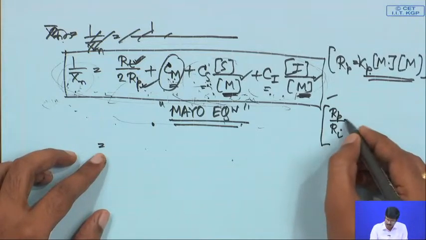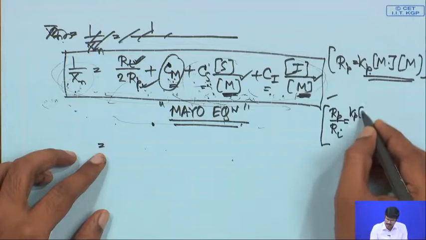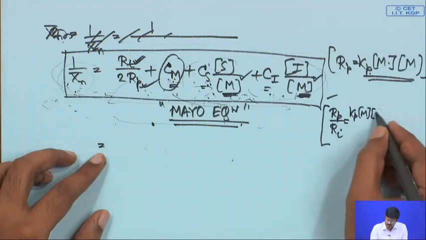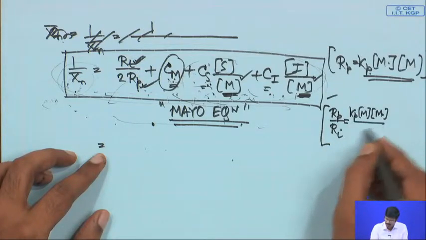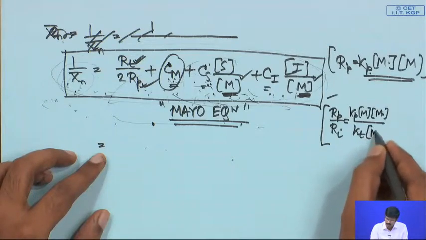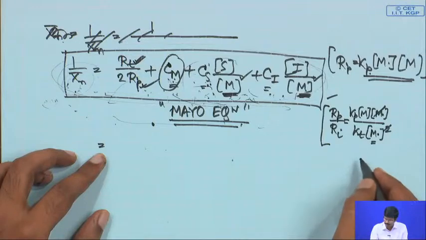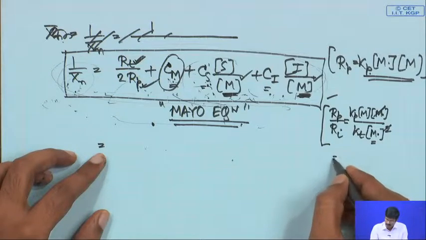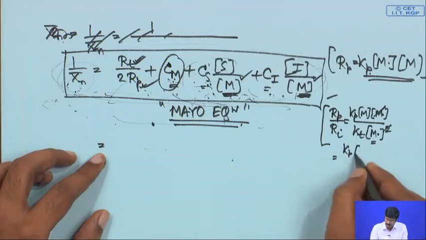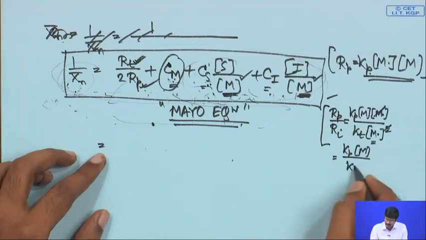Now, this ratio was nothing but K p into m dot divided by K t into m dot square. So, m dot will be at the bottom and this will be K p into m divided by K t, and m dot is nothing but R p divided by m.